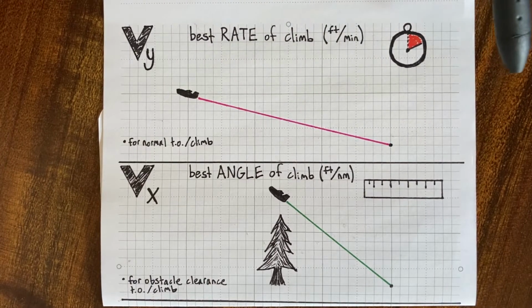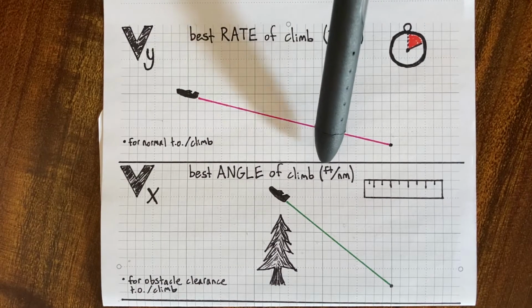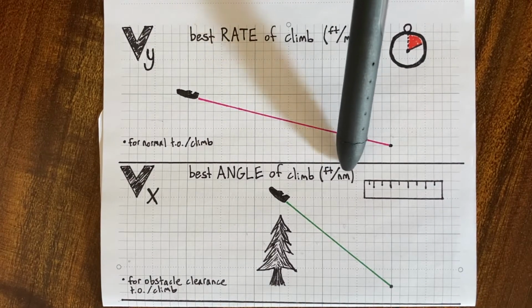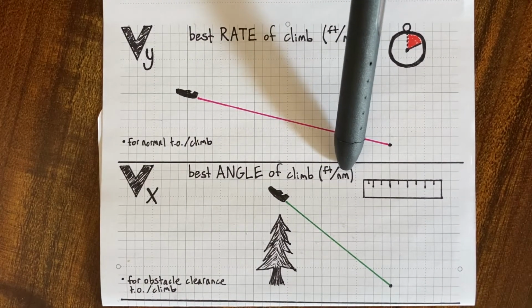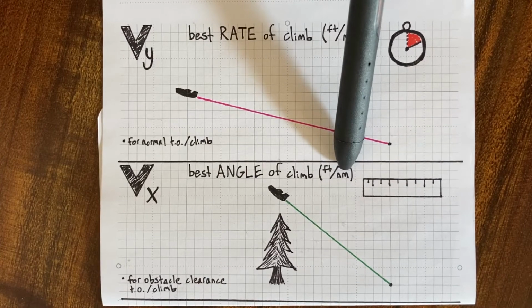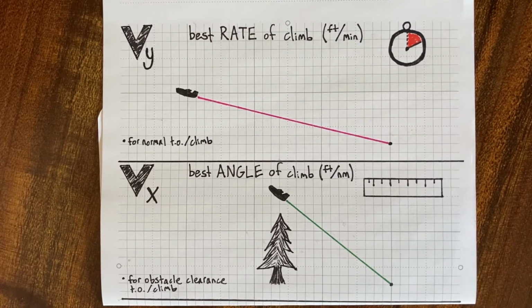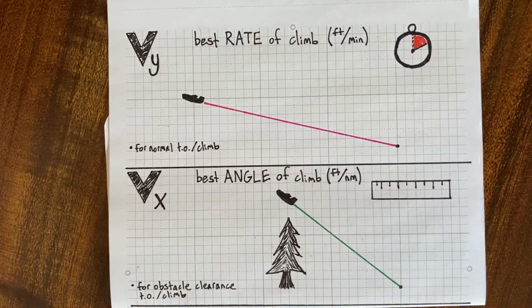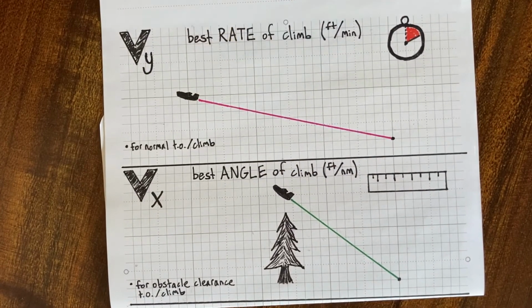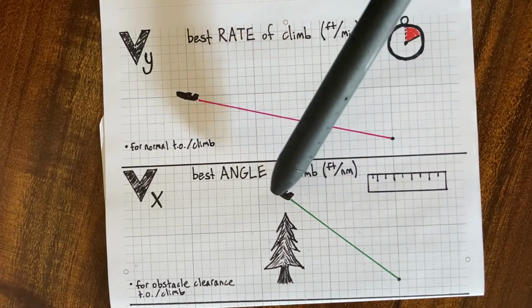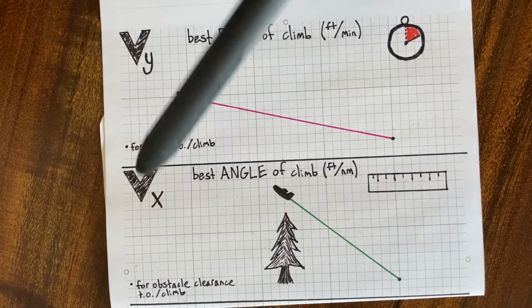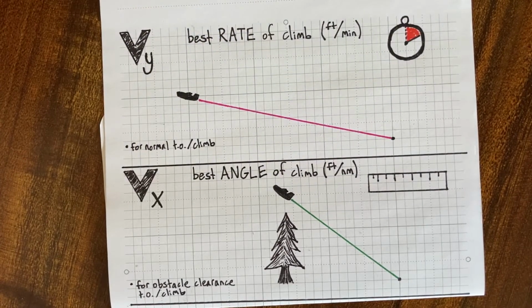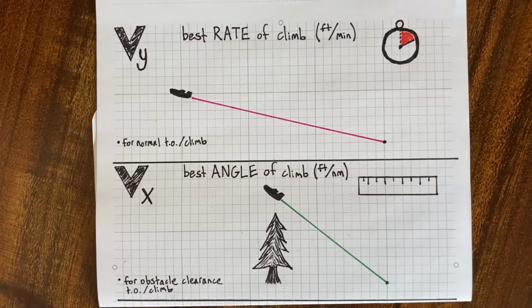So Vx is the airspeed that's going to give us the greatest gain in altitude in feet per unit distance traveled forward, whether that's feet or nautical miles or whatever. And you can see from the drawing here that that is a steeper climb angle than for Vy. So Vx is going to be slower than Vy because we've got a greater pitch up here. We're going to be going at a slower airspeed.